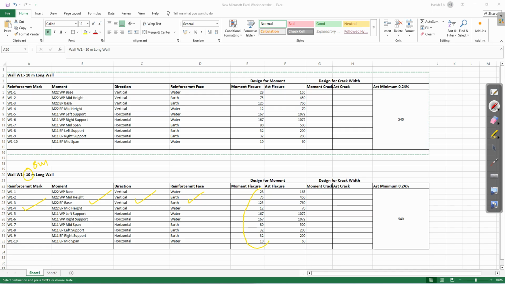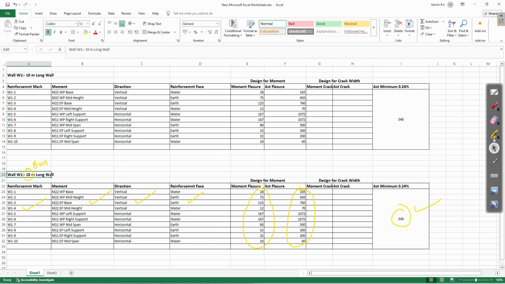Your moment values will change. If your moment value changes, area of steel will also change. This is same, 540 is same. Okay.